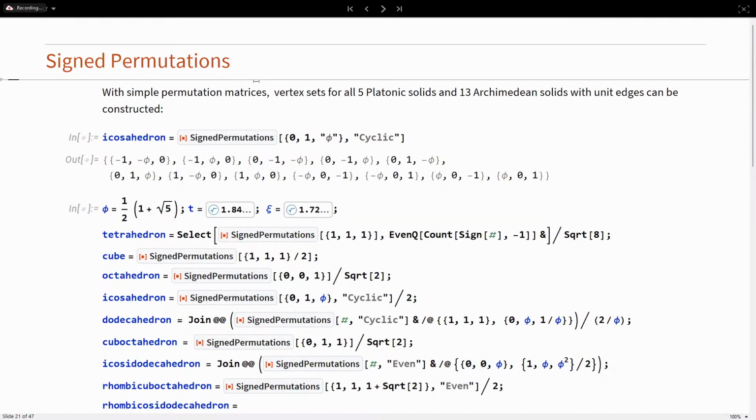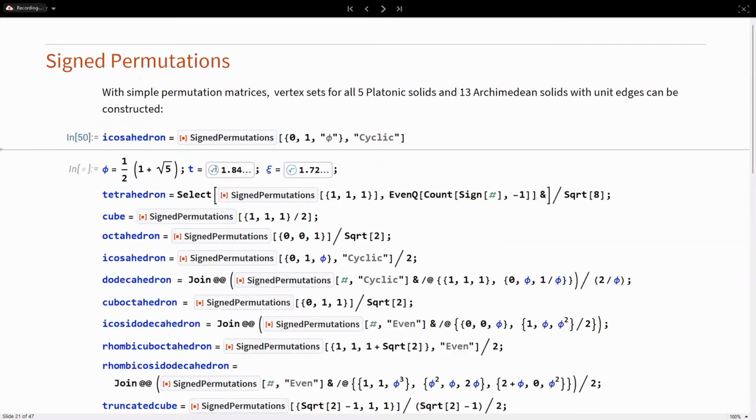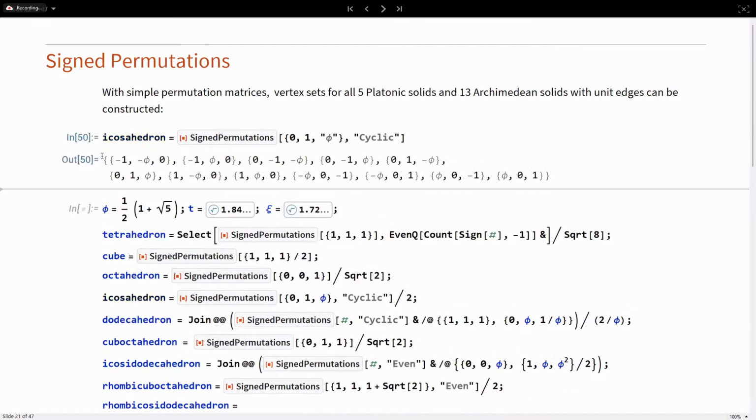That leads to one useful thing in math, which is signed permutations. Often you want to represent all the permutations of something in a certain way, but you also want to add in signs. So 0, 1, and the golden ratio is one way of representing the vertices of an icosahedron.